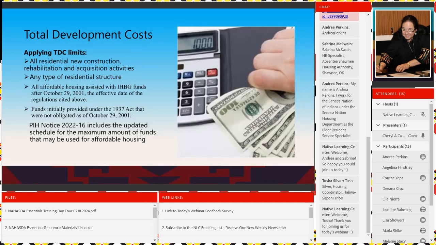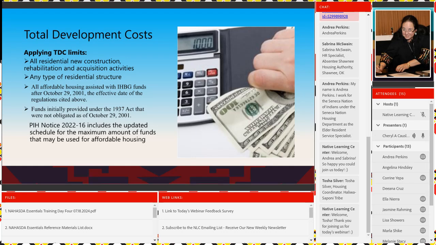So applying the TDC limits to all residential, new construction, rehab, and acquisition activities, any type of residential structure, all affordable housing units assisted with Indian Housing Block Grant funds after October 29th of 2001, the effective date of the regulations cited above. Funds initially provided under the 37 Act that were not obligated as of October 29th, 2001.